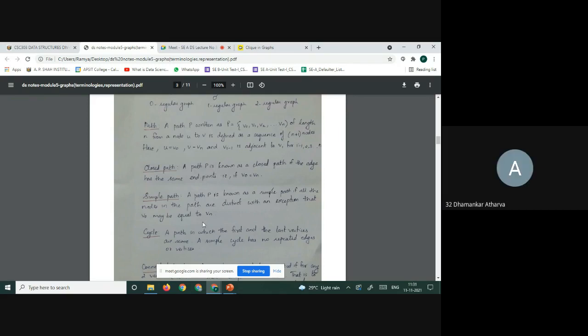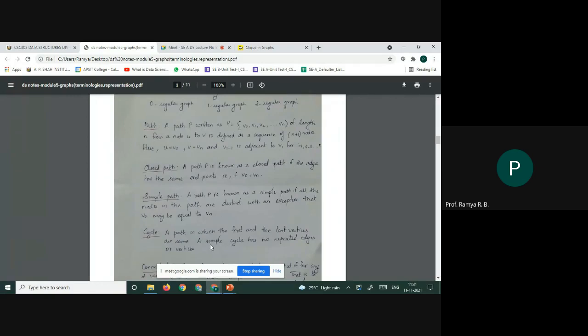Yes, ma'am. Okay. Now what is a cycle? A path in which your first and last vertices are the same is called a cycle. But what is a simple cycle? What is the difference between a cycle and a simple cycle? A simple cycle is a cycle which has no repeated edges or vertices. That means you may start from one vertex and end at the same vertex, but there will not be any repeated edges or vertices in your cycle.